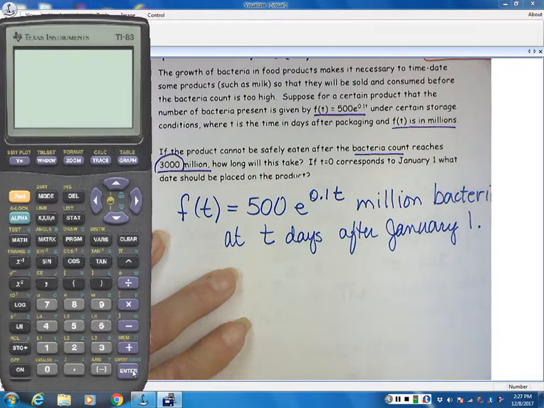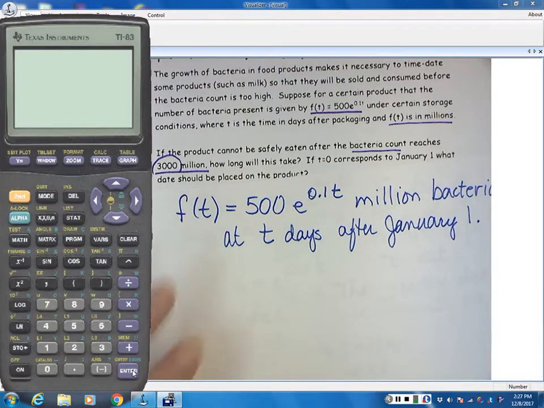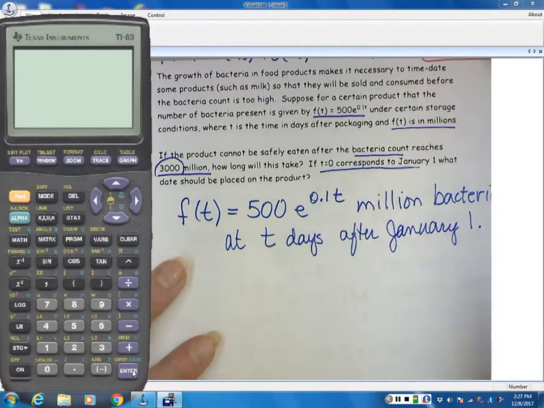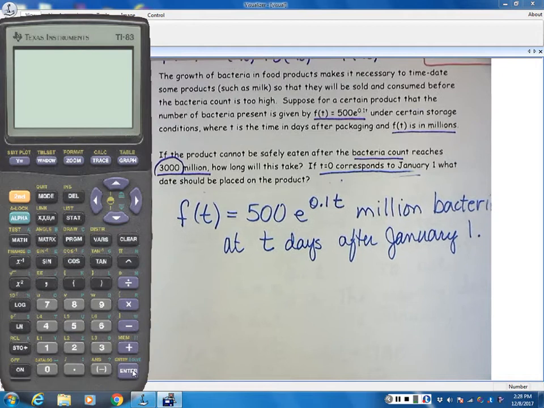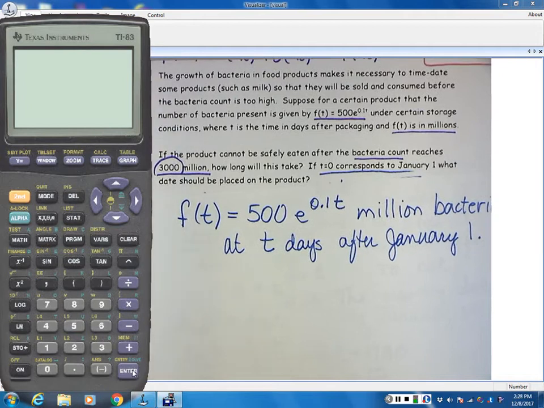And that's t days after January 1, because it says t sub 0 corresponds to January 1. And what they want us to do is find the date that we should place on that product.